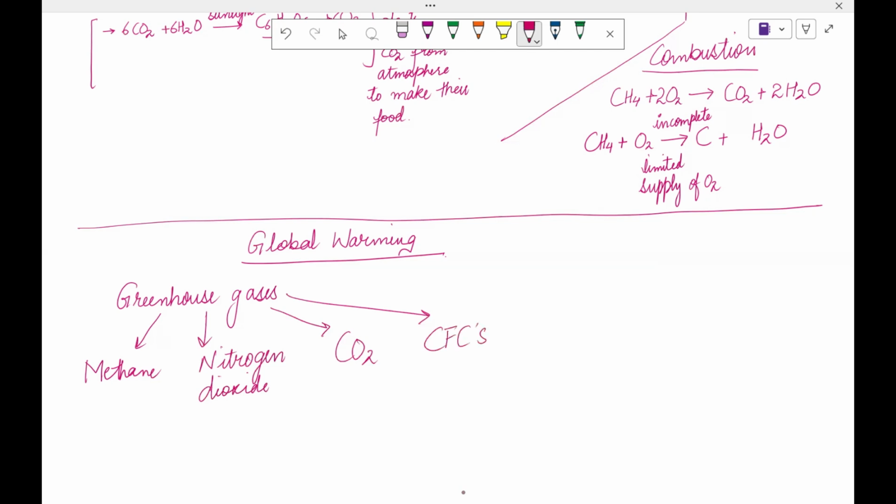So these gases are present in the atmosphere.